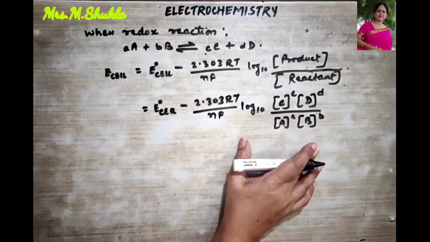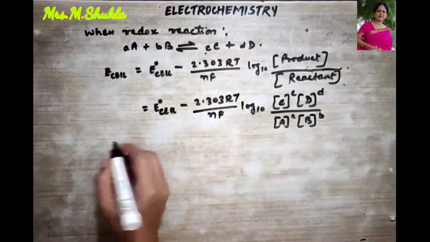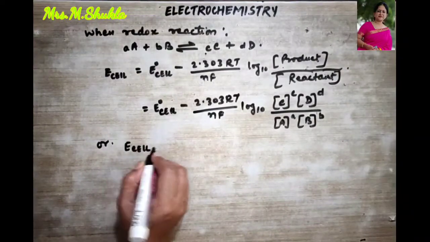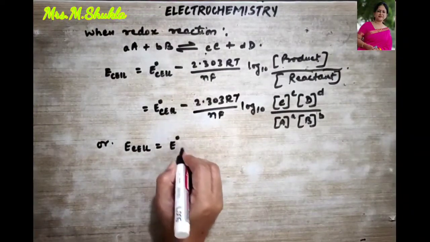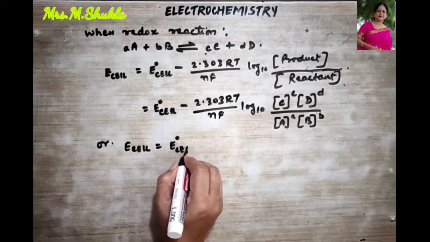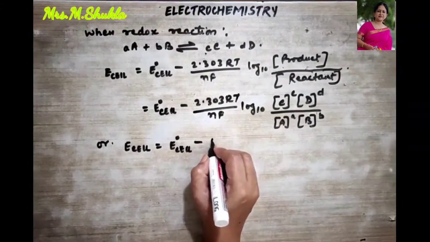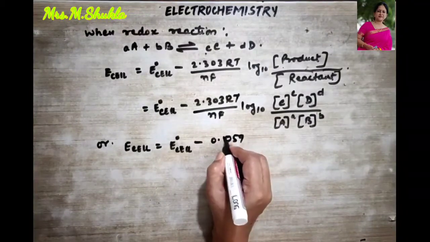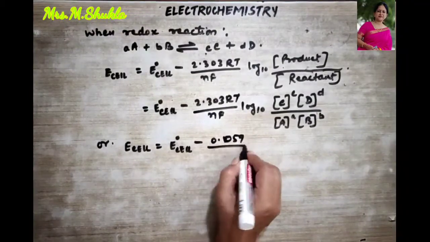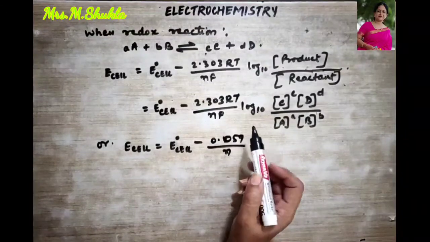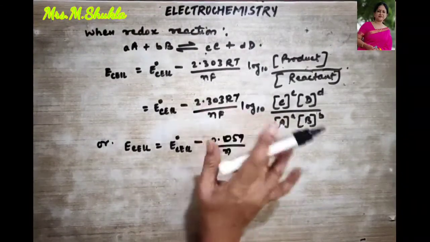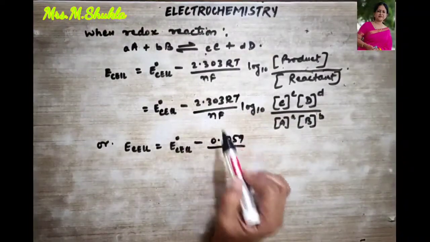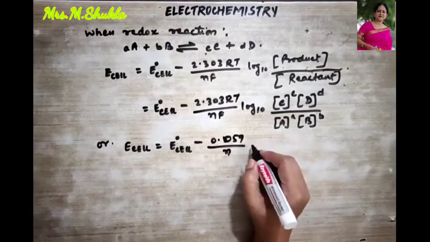This can also be written as E cell is equal to the standard reduction potential minus 0.059 upon N, right? When we have calculated, you don't have to learn the complete calculation. You straight away have to just learn the formulas over here.